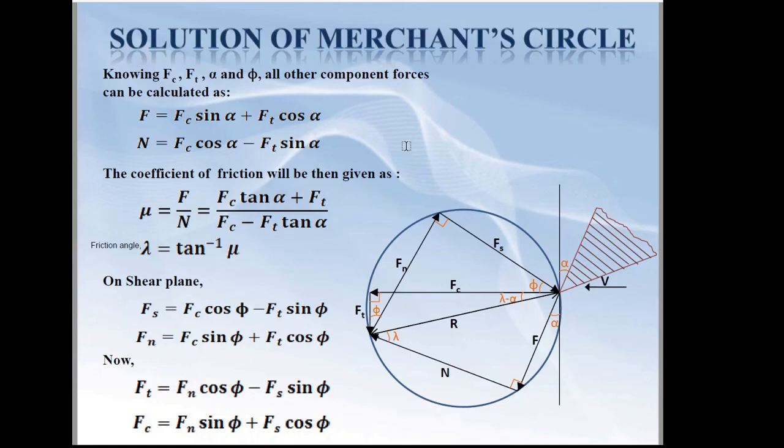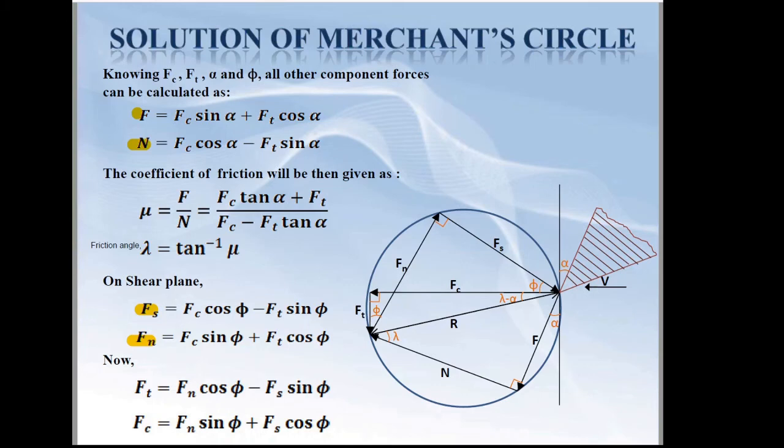Certain equations are derived from the Merchant circle in order to find the magnitude of non-measurable forces. The non-measurable forces such as F, frictional force, the normal to frictional force, similarly the shear force and the normal to shear force. If you go through these equations, you can find that they are written in terms of Fc, the cutting force, Ft, the thrust force, alpha, the rake angle of the tool, and phi, the shear plane angle.